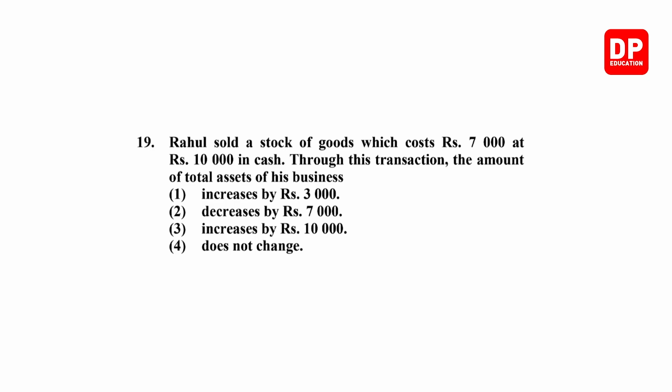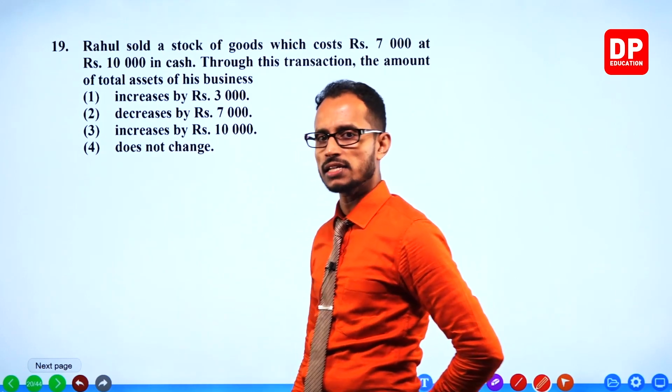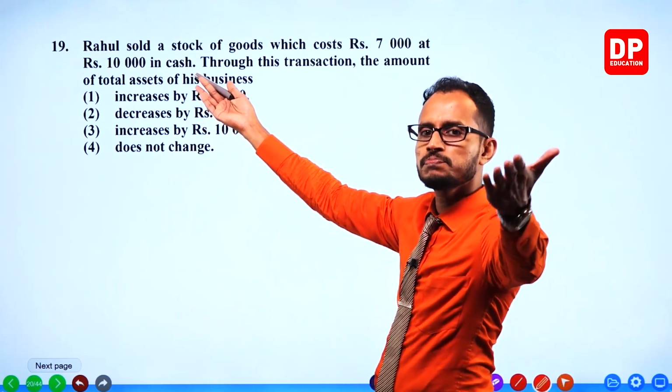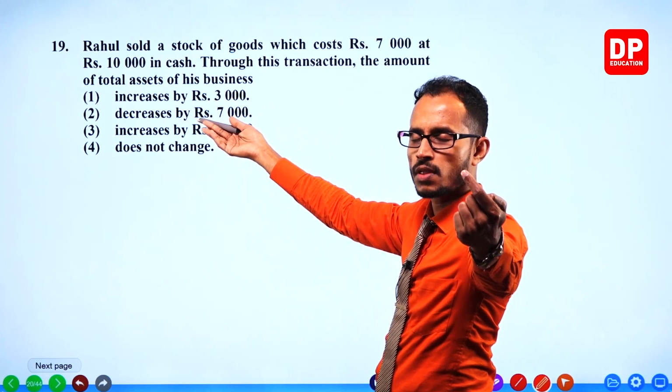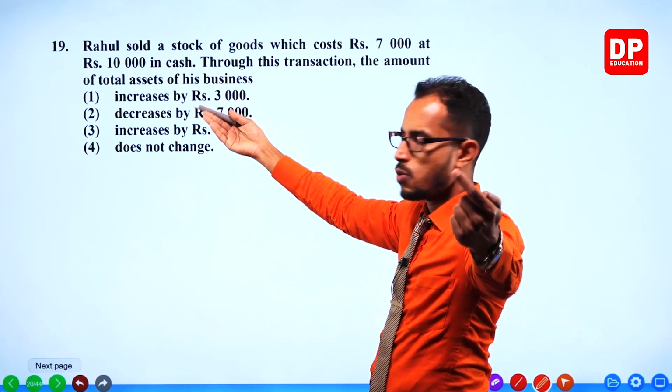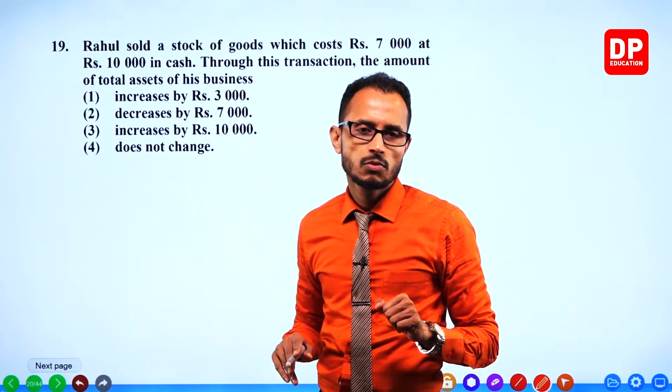Rahul sold the stock of goods which cost. Read it. Did you read it? What is the answer? You tell me. Okay. Tell me what the question is asking you. What is it asking you?